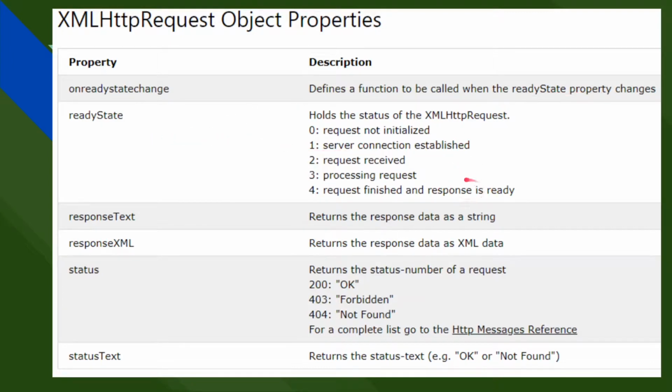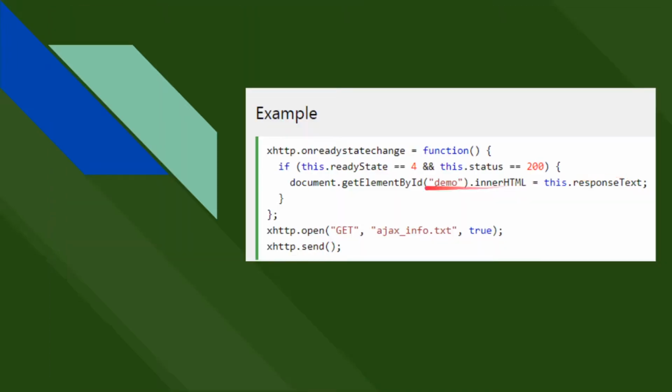In the next slide I will show you how we can use the first property, onreadystatechange, and then we have to check the readyState and the status. As we have seen, this object we have already created, and then this is the property.